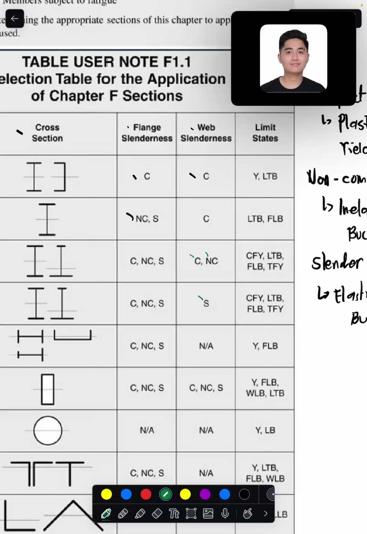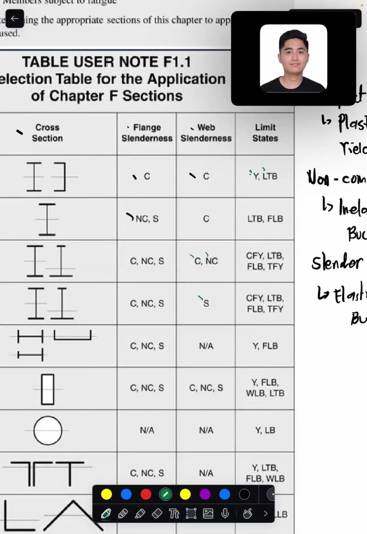Then, what are these yielding limit states that we mentioned? You have Y, which stands for plastic yielding. Then LTB stands for lateral torsional buckling. We will discuss these one by one. FLB is flange local buckling.